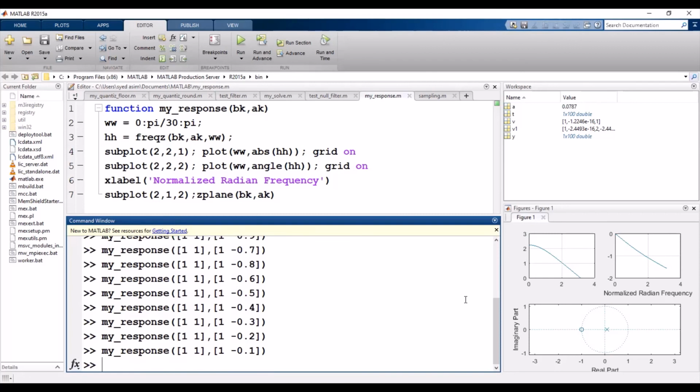So that is a very simple design. We are just controlling or moving this alpha value, the pole position, to control the cutoff frequency of the low pass filter. That is very useful and easy to design as compared to the FIR filter.